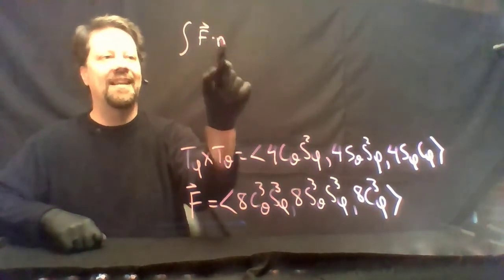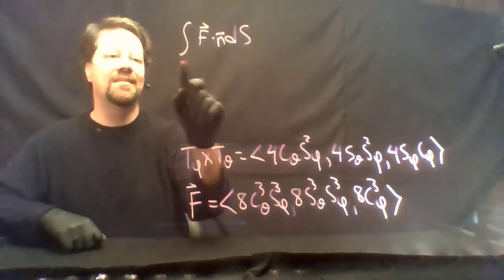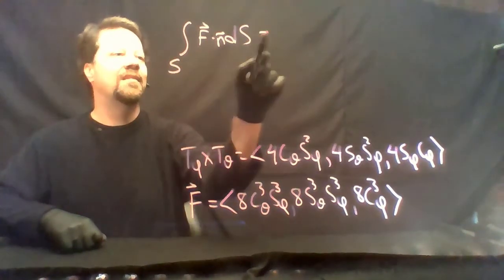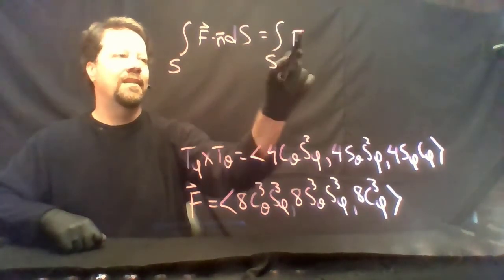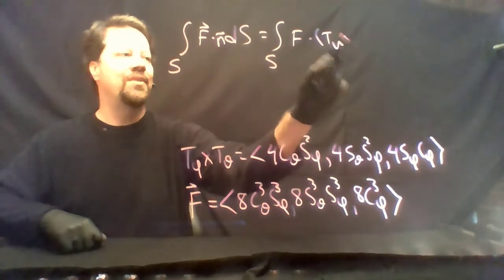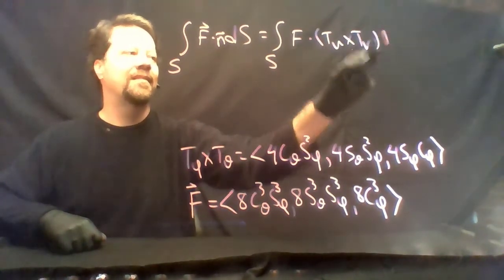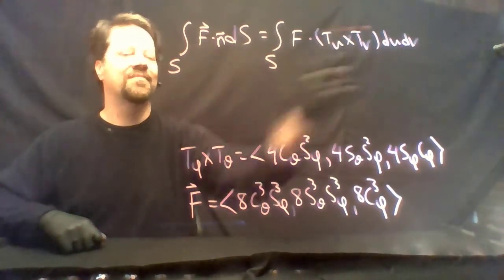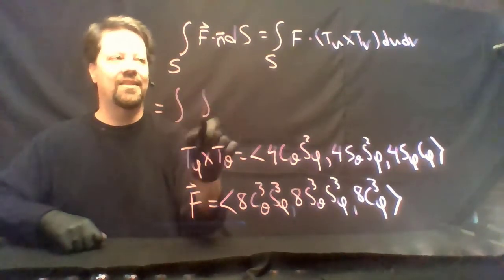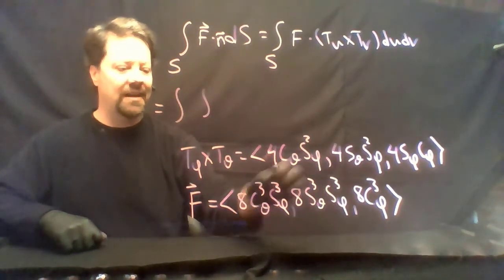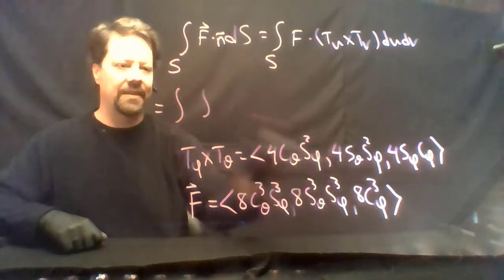Remember, if it's the integral of F dot n dS, it's F dot T_u cross T_v du dv. So for us, when we take the dot product, we'll end up with 32s all the way across.